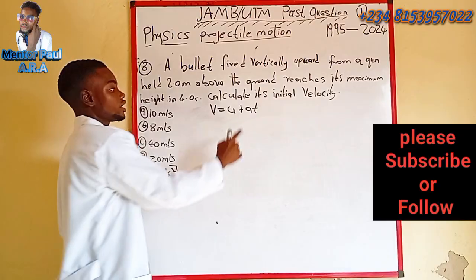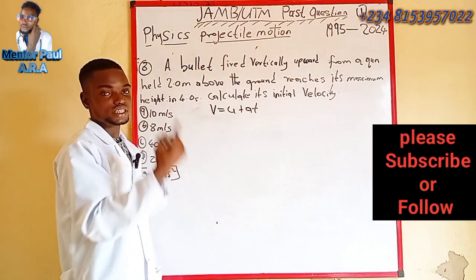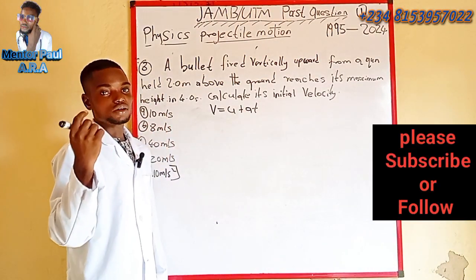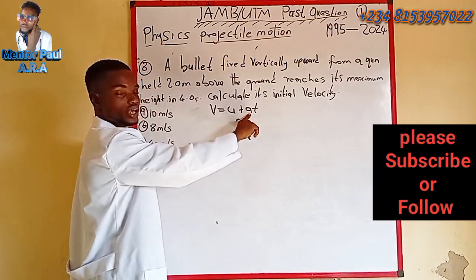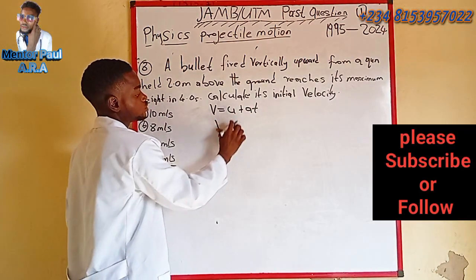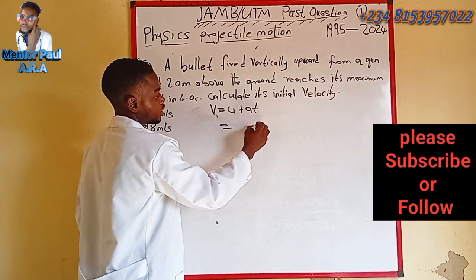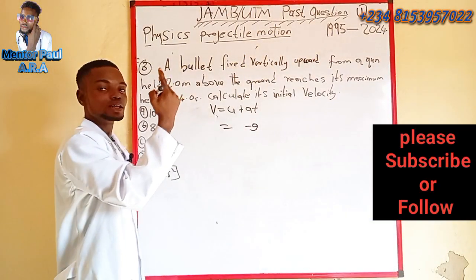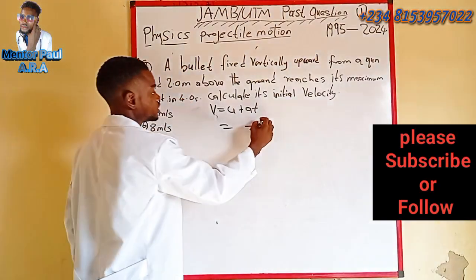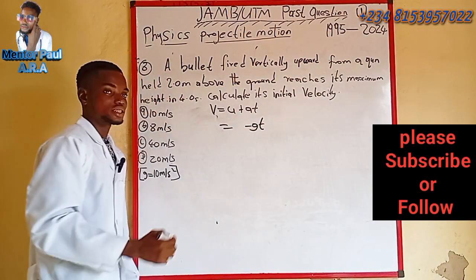Now you have to know that when an object is moving vertically, it is acted on by acceleration due to gravity. Hence this a is going to change to minus g because it is moving against the acceleration due to gravity, and we put g by the side.